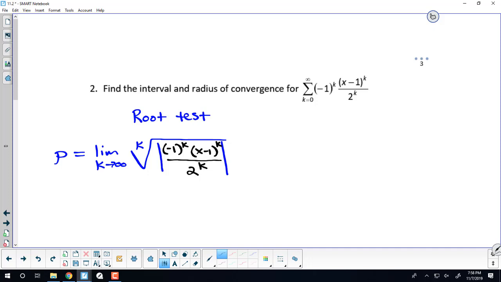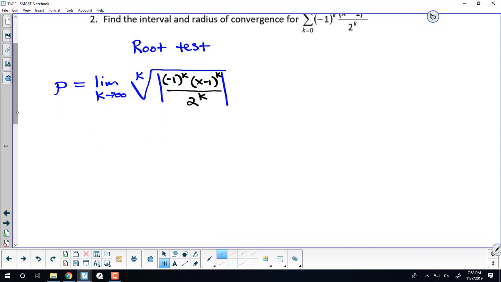So we could take care of the absolute value, then apply the kth root. But for now, what does the absolute value do to our expression? Makes it positive. It gets rid of negative 1 to the k, because negative 1 to the k is negative and positive and negative and positive.